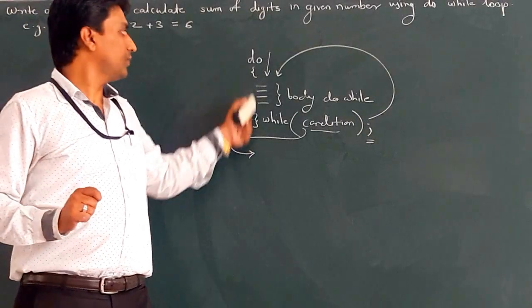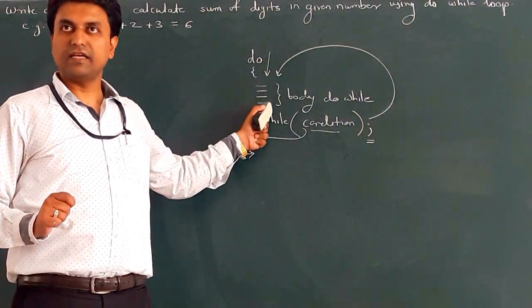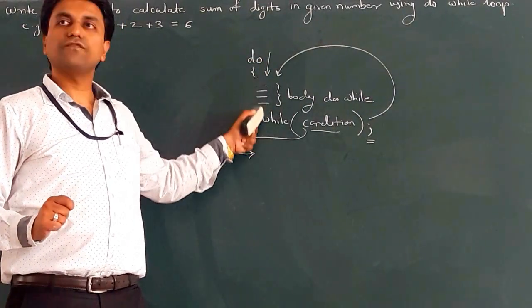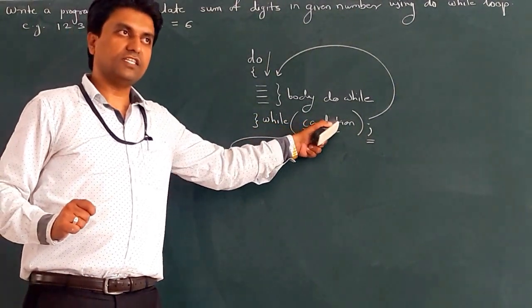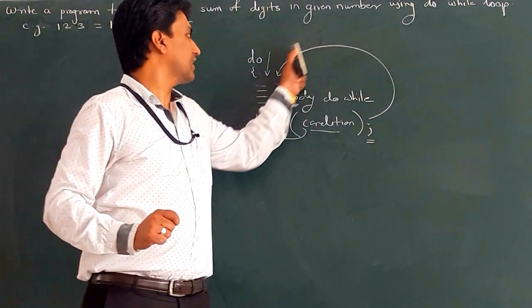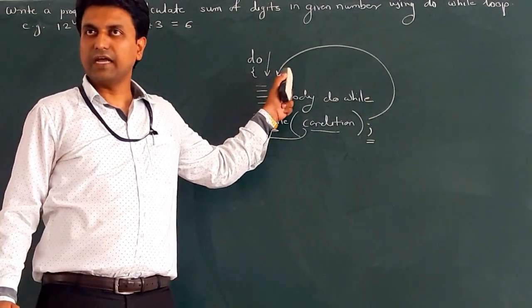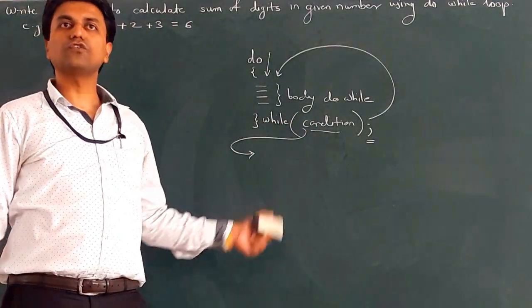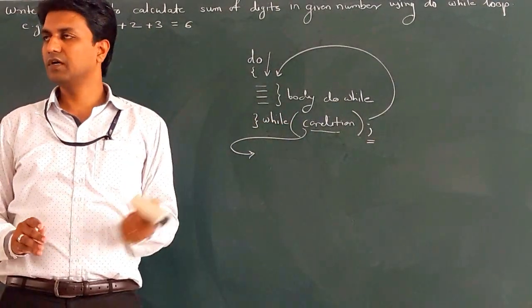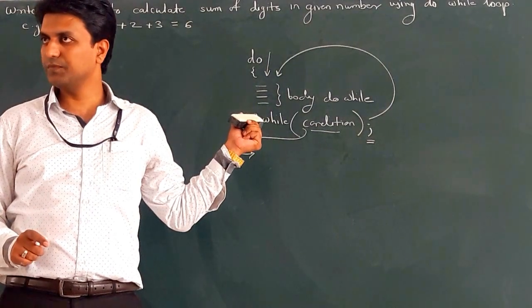But in the do while loop, the first-time entry is there. After exiting, if the condition is true, then the loop continues, and if the condition is false, the cursor goes out of the do while loop. Understood the execution flow of the do while loop?